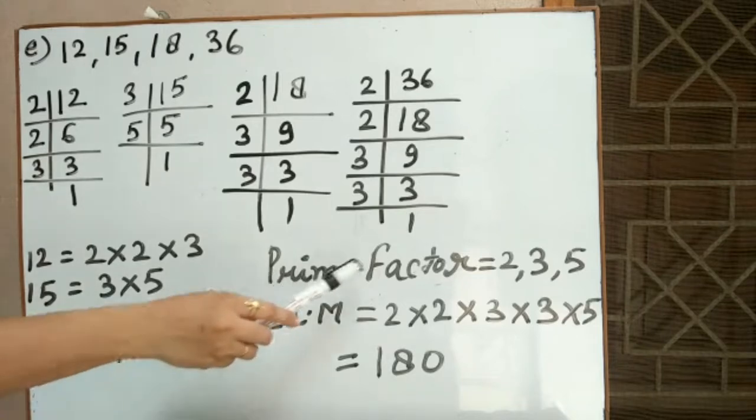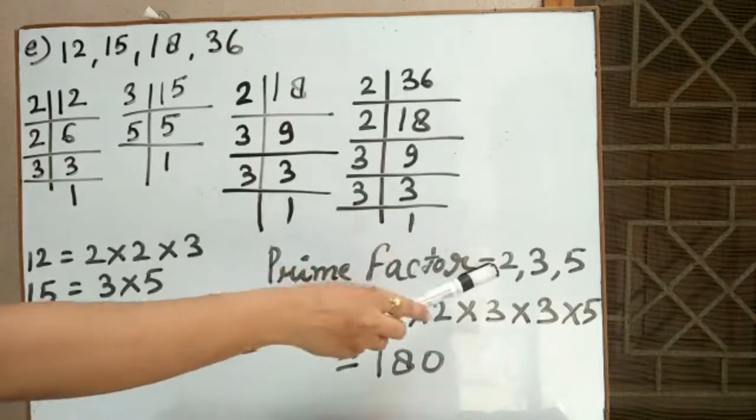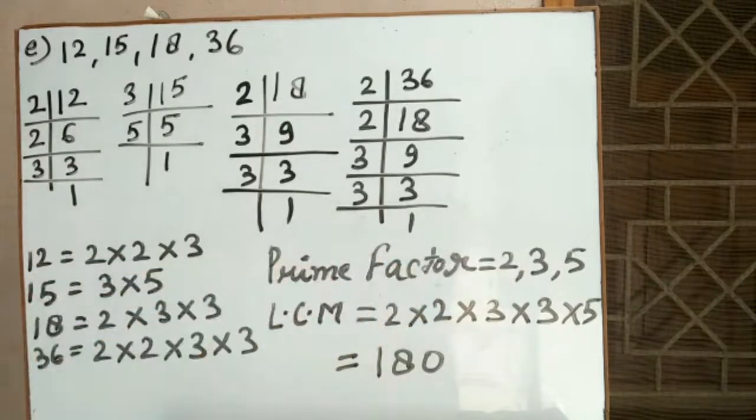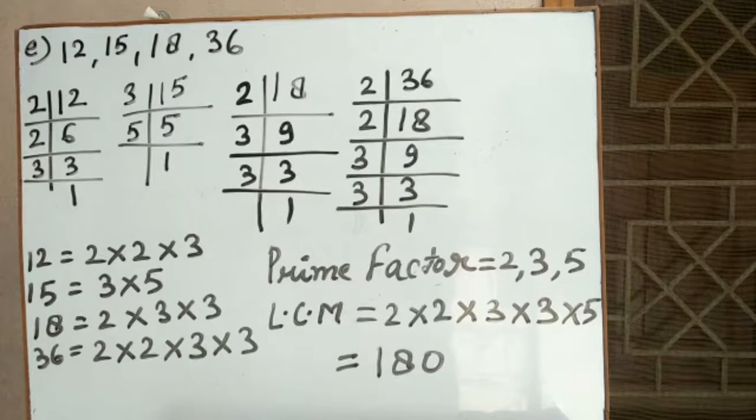Now, first of all, we will write prime factors. We can see which prime factors are here? 2, 3 and 5. Understood? Now, LCM. In 12, there is only 1 time 2 in 15 there is no 2, in 18 1 time 2 and in 36, there are 2 times. That's why we will write 2 times 2.